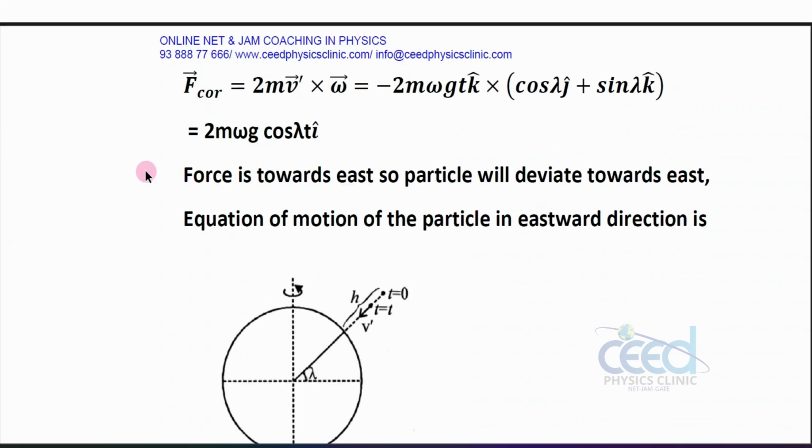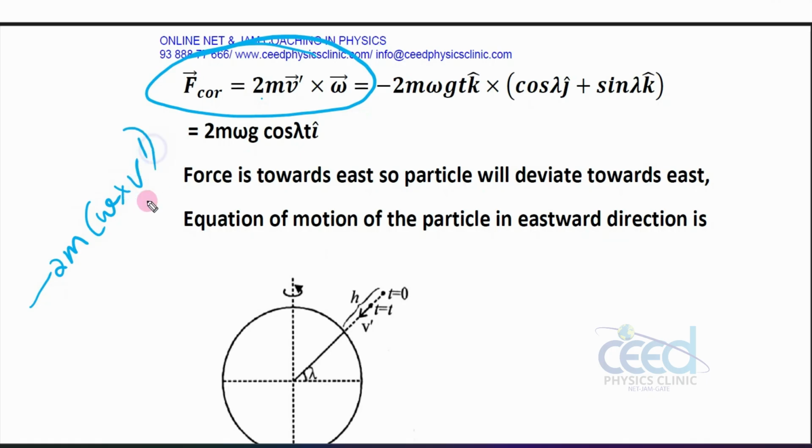How to derive? See, first, what is Coriolis force acting on the body? Minus 2m omega cross v dash. But I written v dash cross omega and removed this sign. All right, that only we done here.